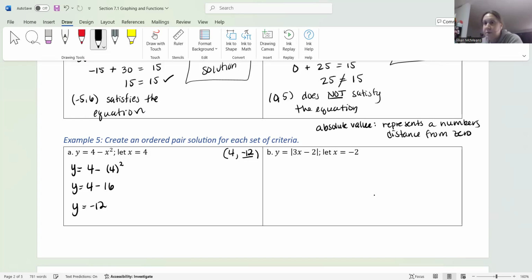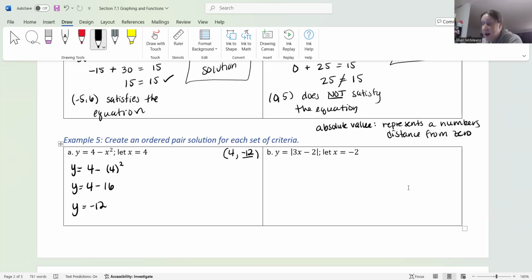So if I had the absolute value of 10, that would just equal 10 because I would be 10 units away from zero. If I had the absolute value of negative 50, the answer would just be 50 because negative 50 is 50 units away from zero, okay? So when you're dealing with absolute value, keep that definition in mind, okay? And you know you're dealing with absolute value when you just have vertical bars around a number or an expression, okay?